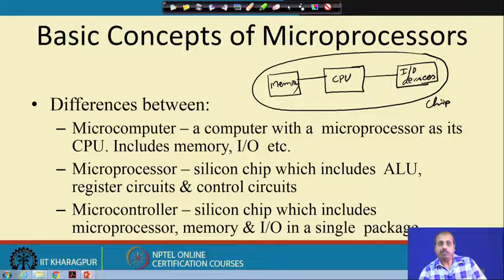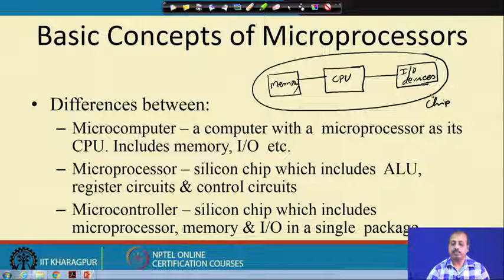If you put the whole thing into a single chip, what you get is a microcontroller. It has an advantage because in that case the memory to CPU communication or IO device to CPU communication is not off chip. It is within the chip, so it is quite fast. On the other hand, in a normal computer system the CPU to memory communication is a bit slow, because that is off chip communication, via some other signal lines, particularly the metal lines, which are not on the silicon itself.